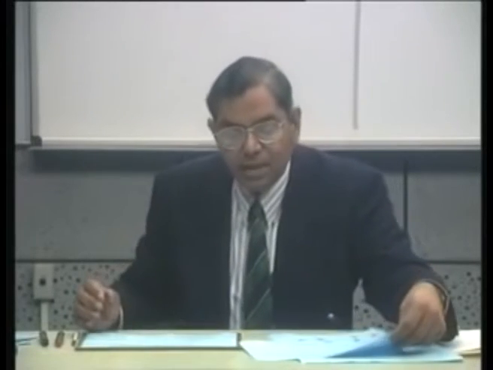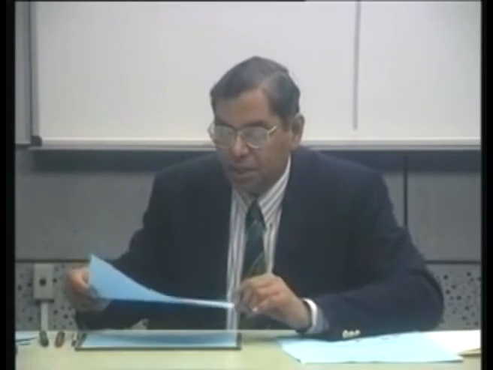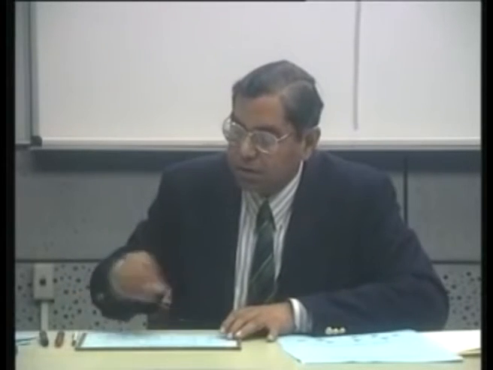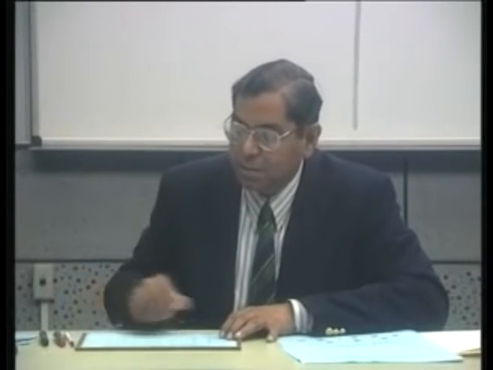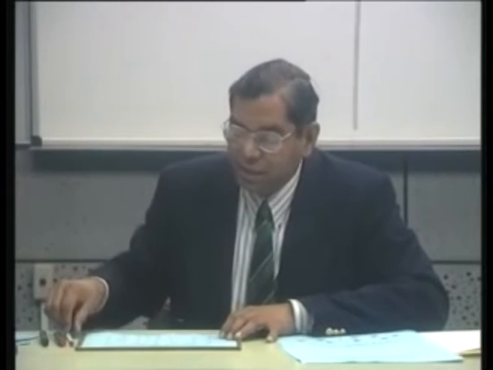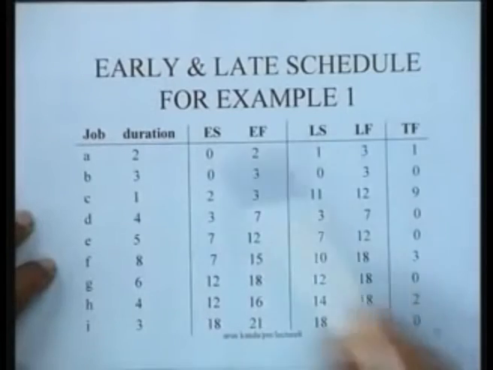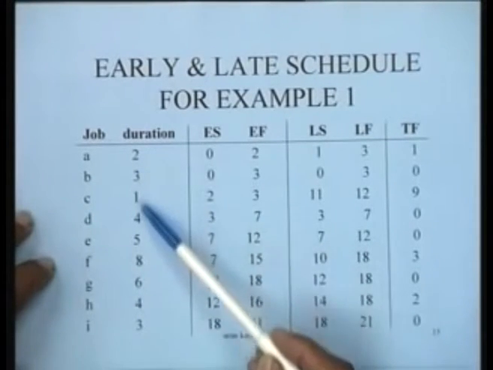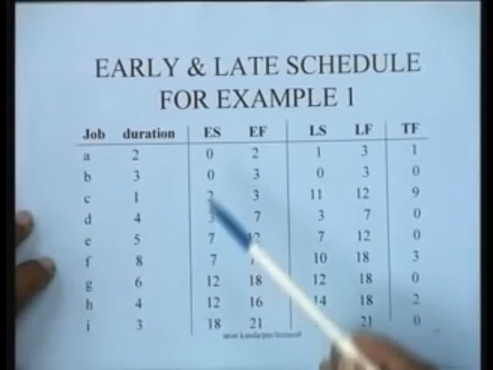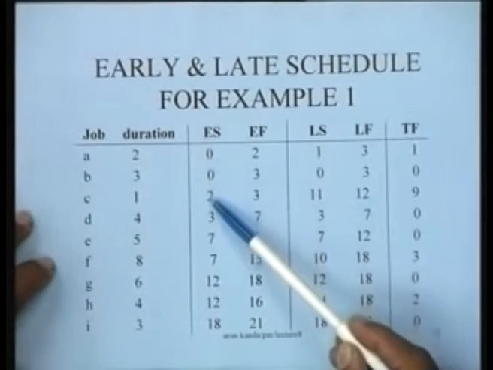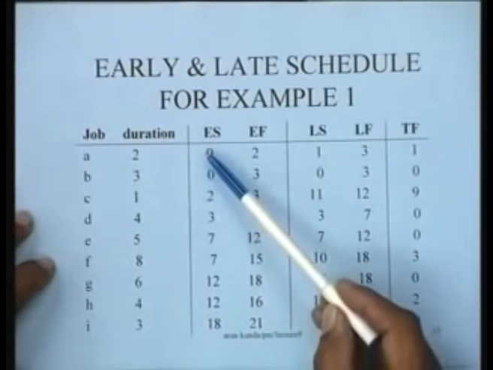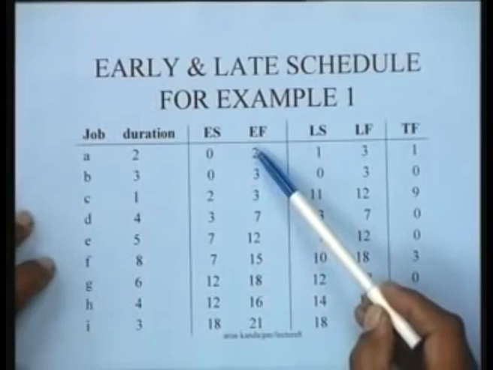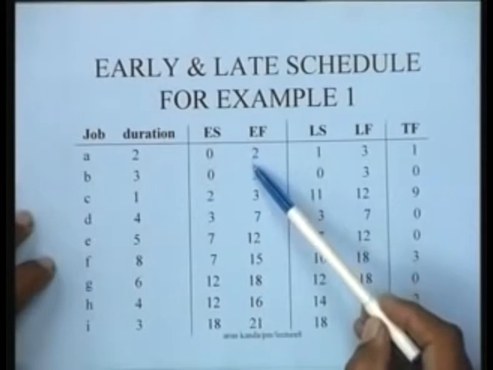If we utilize the information that we have just obtained from the forward pass and backward pass, we can immediately identify for each of the activities A, B, C, D, E, F, G, H and I, whose respective durations we have with us, the early start of the activity, and by adding the duration we obtain the early finish.